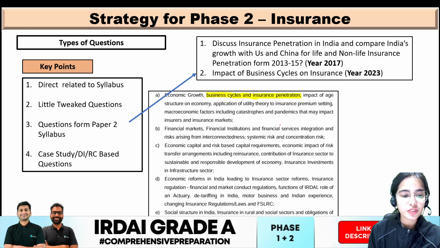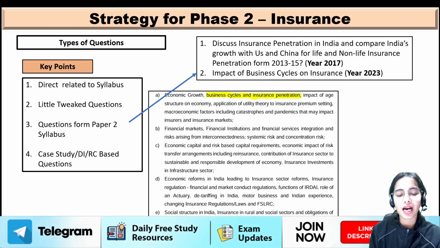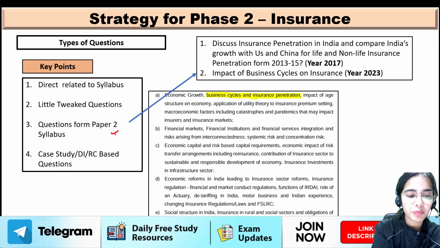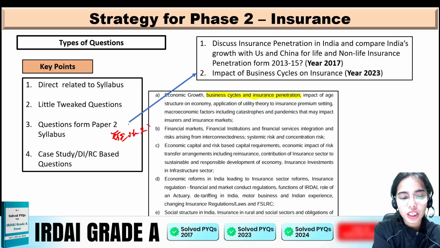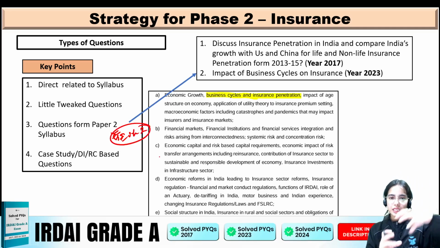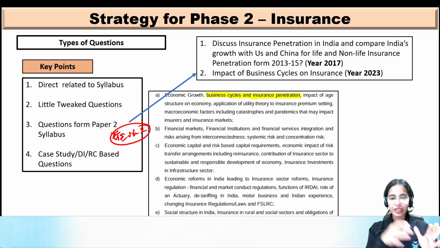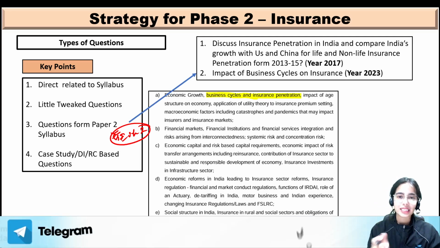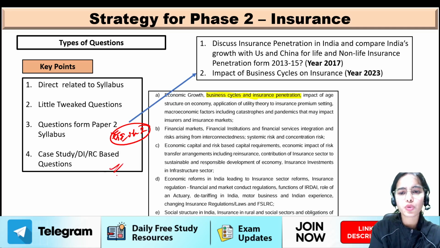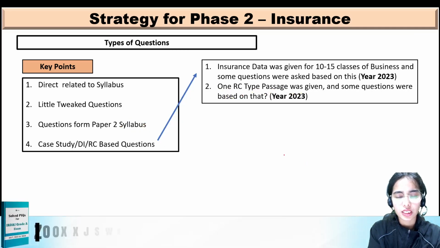Now in the insurance segment, actually the questions have come from the paper 2 syllabus, that is from the ESI impacting insurance syllabus. So you can see that in the ESI impacting insurance component, there were questions from insurance and management syllabus, and in the insurance and management syllabus there were questions from the ESI impacting insurance. Case study based questions have also come in the insurance and management segment.